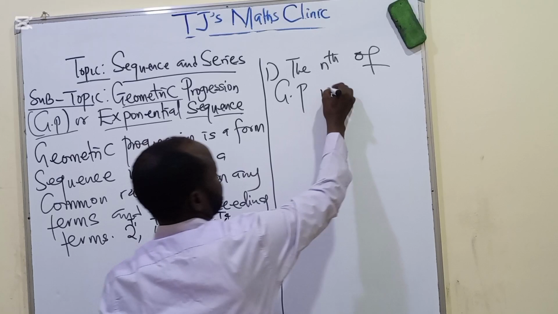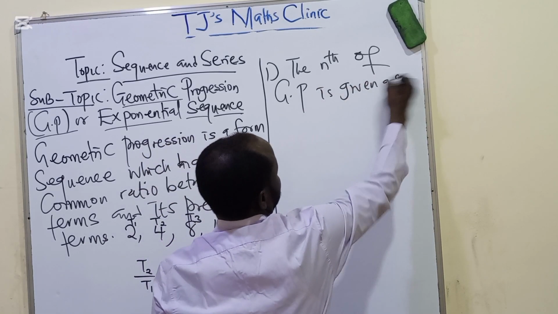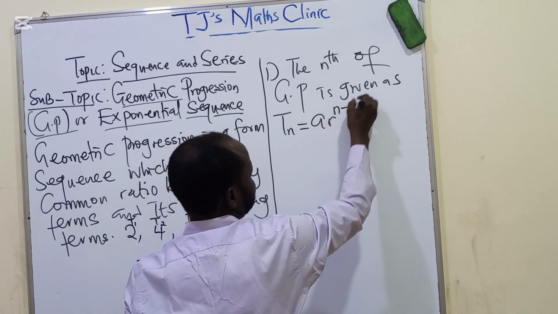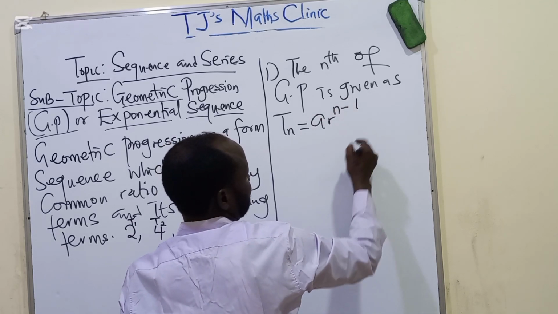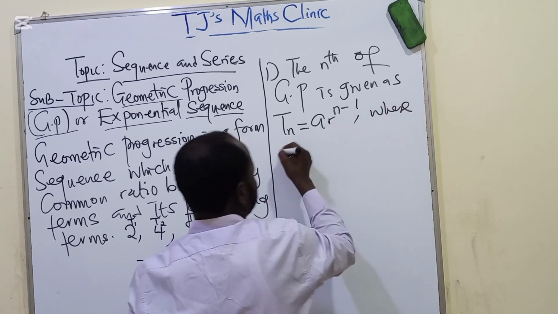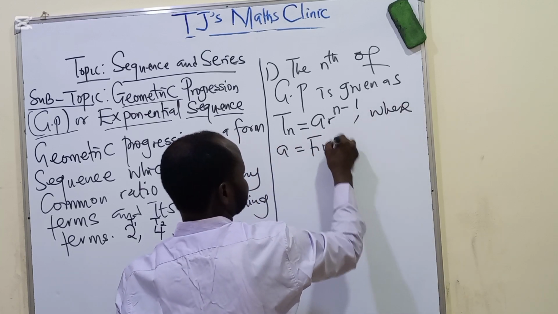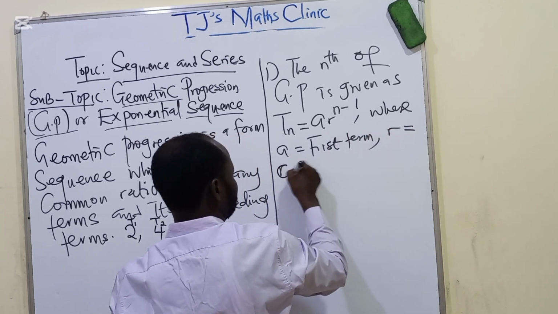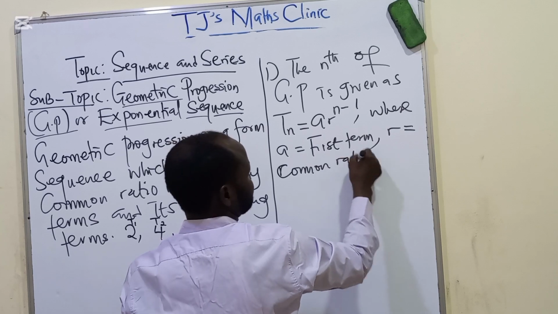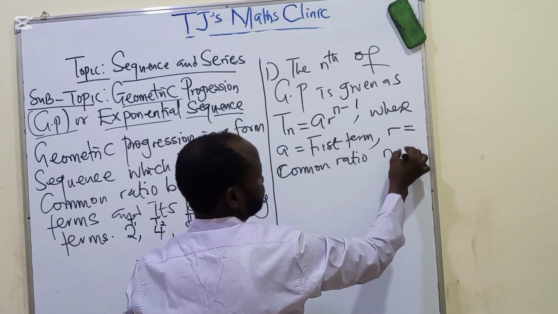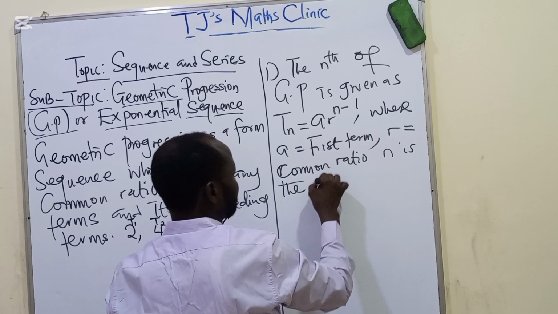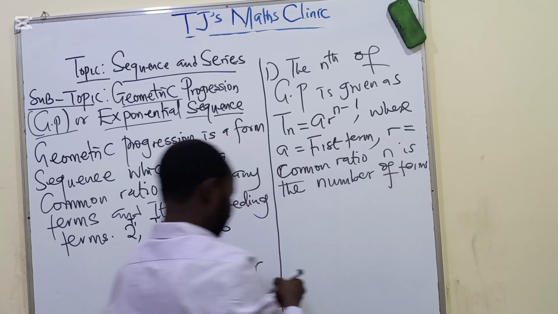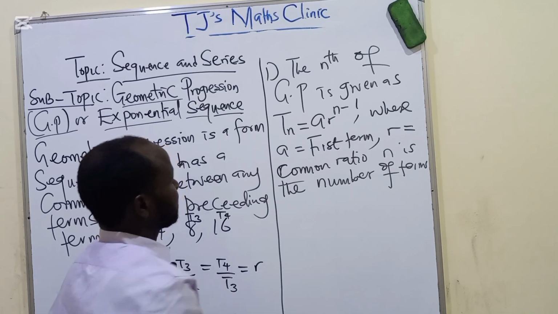The nth term is given as the term now will be A R power n minus 1, where A is the first term, R is the common ratio, N is the number of terms. Very important. Okay. That is number one.